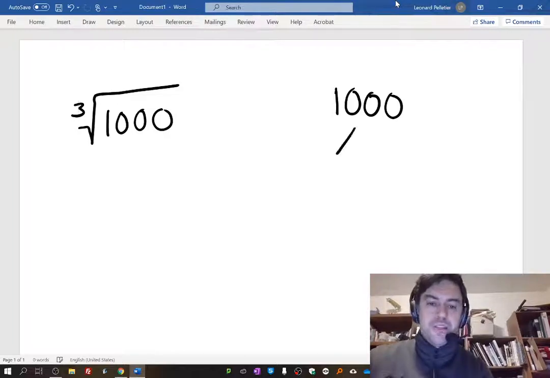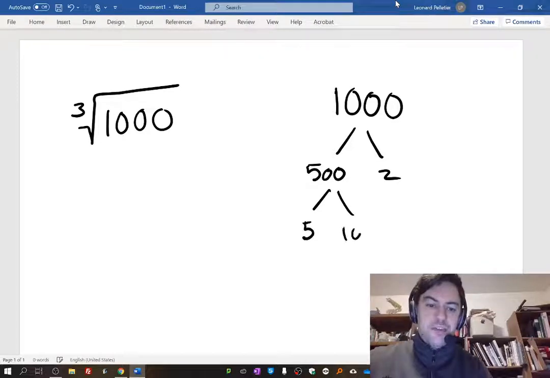So you can go however you want to do this. You could go 500 times 2, for example, and then 500 could be 5 and 100. And then we've got 5 as a prime, 2 as a prime, so 100 could be 10 and 10. And that could be 5 and 2 and 5 and 2.